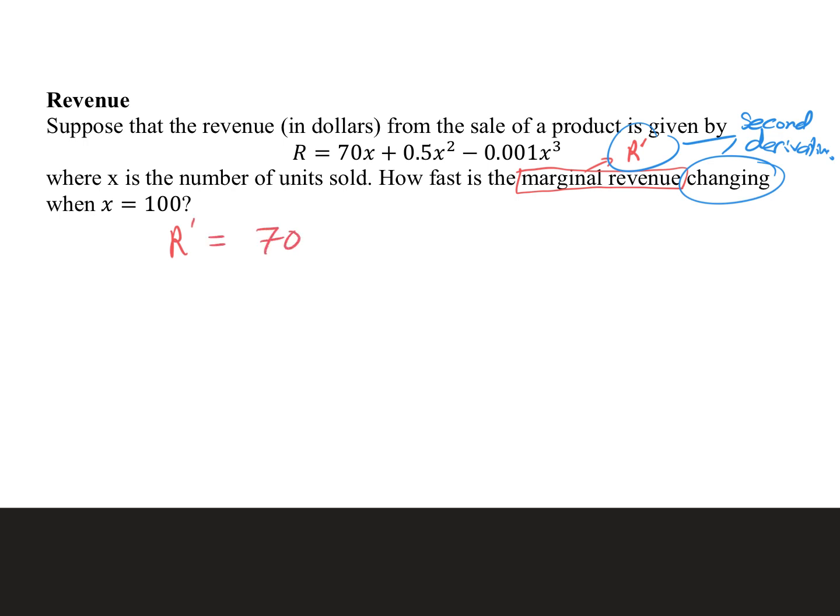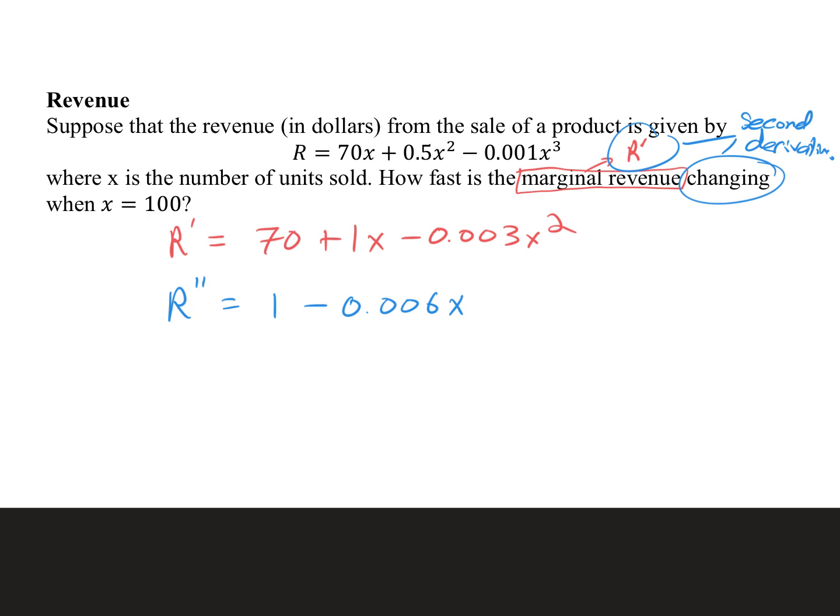That would be 70 plus 1x minus 0.003x squared. Then we can compute the second derivative, so that would be 1 minus 0.006x. Okay, and so this is a measurement of the rate of change of your marginal revenue.